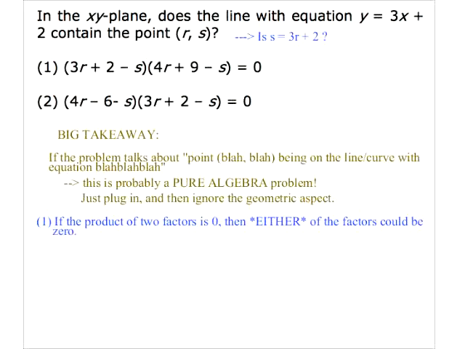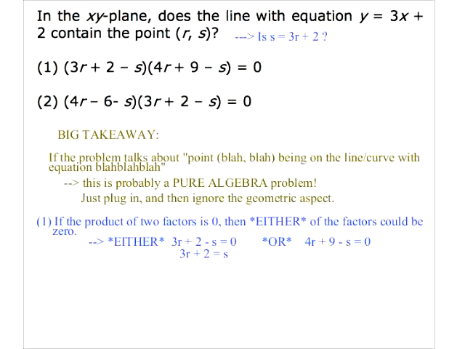So that means either, not both, if 3R plus 2 minus S equals 0, then that means that 3R plus 2 is S. Or this. So this would be 3R plus 2 equals S.